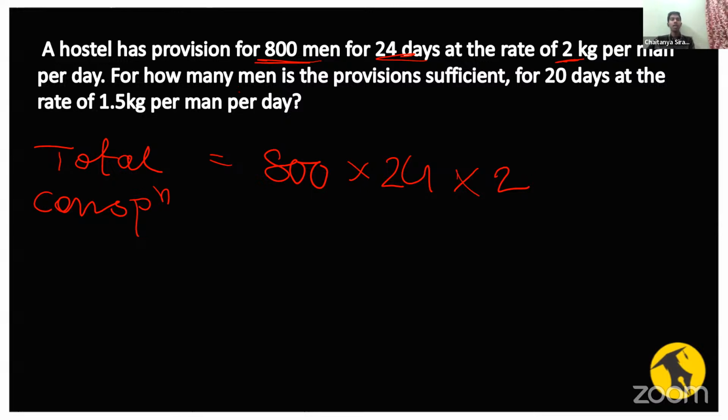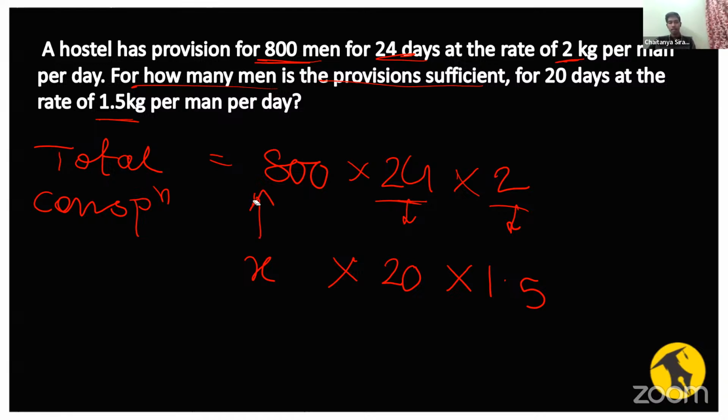Now they are asking for how many men is the provision sufficient for 20 days at 1.5 kgs per man. So this is X for 20 days and 1.5. Here you can see the number of days has reduced and the rate of consumption has also reduced, so the number of men should increase. Then only it will be equal, right?